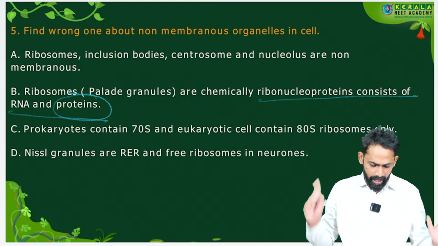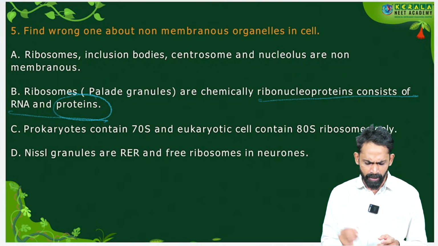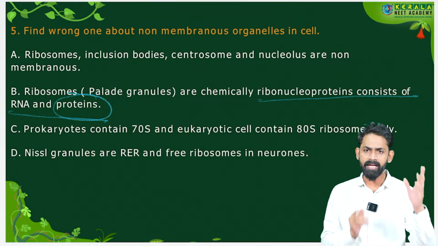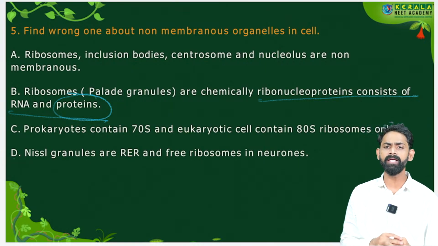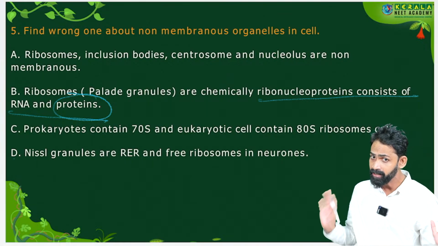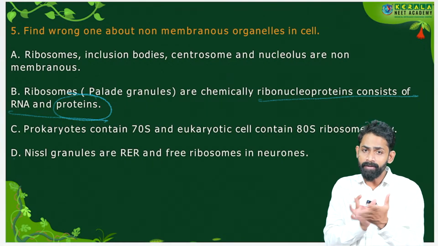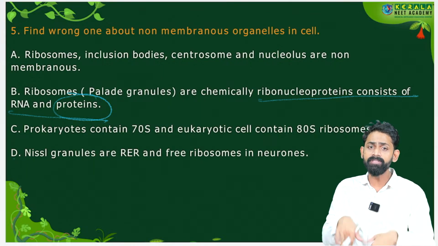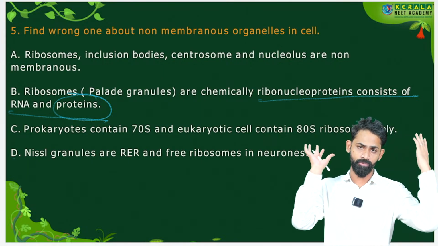So that is okay. Now option D I am reading. Nissl granules are nothing but rough endoplasmic reticulum and free ribosomes, okay. So the rough endoplasmic reticulum with ribosomes is called Nissl granules in the case of neurons.